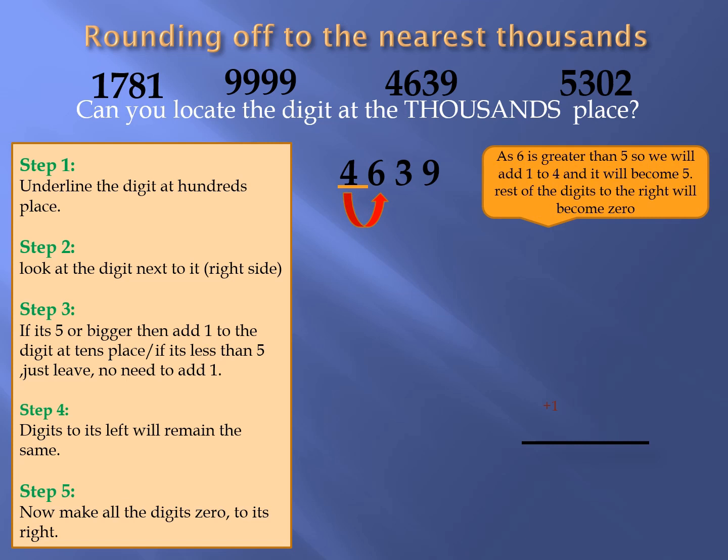Now when we add 1 to 4, it becomes 5. What we have to do with the rest of the number? In 3 digits का क्या होगा? Yes, they will for sure become 0. And here we have rounded off 4639 to the nearest 1000.